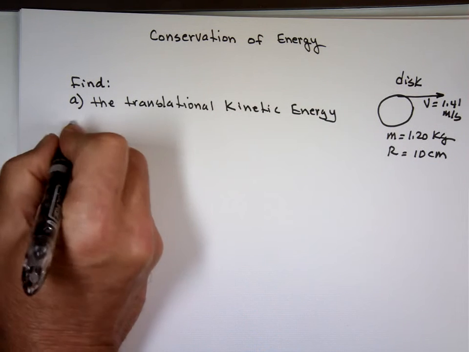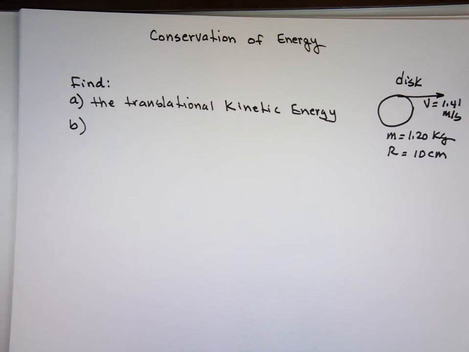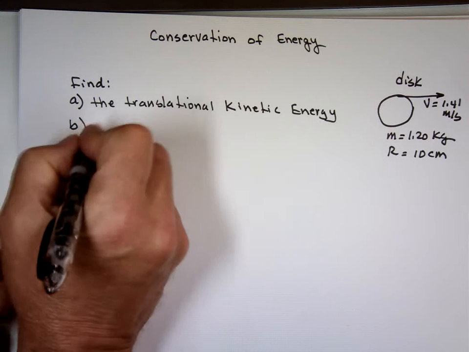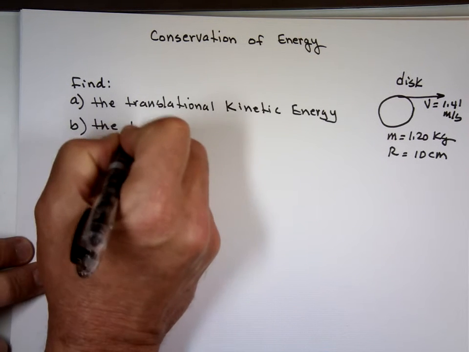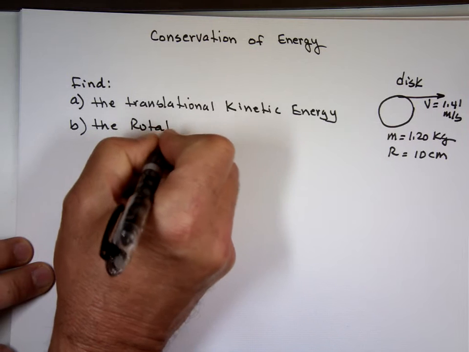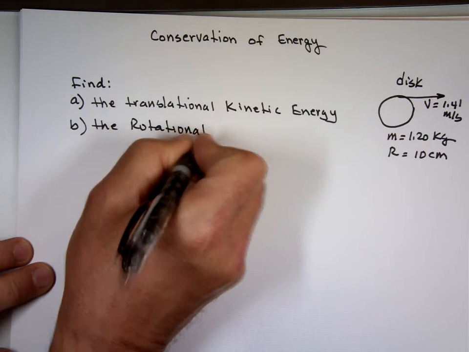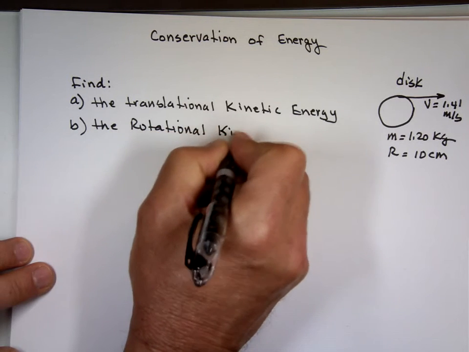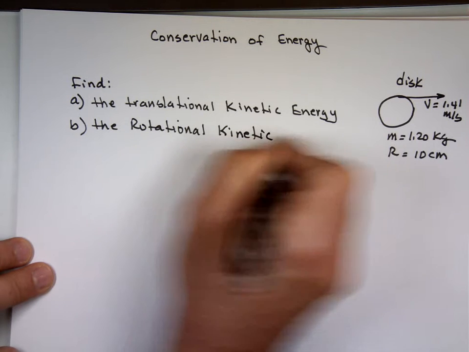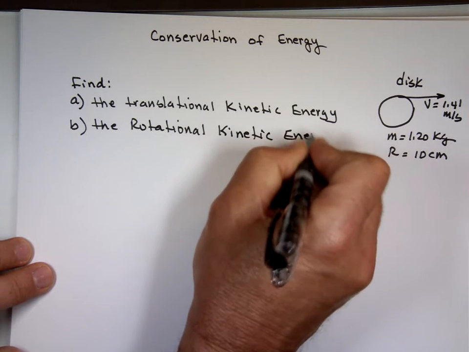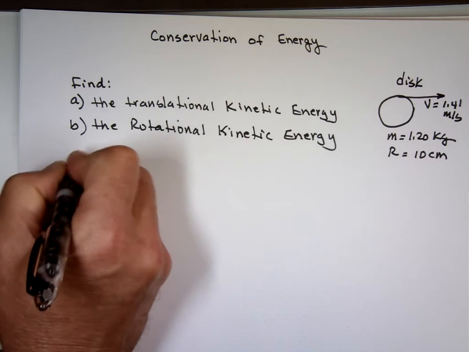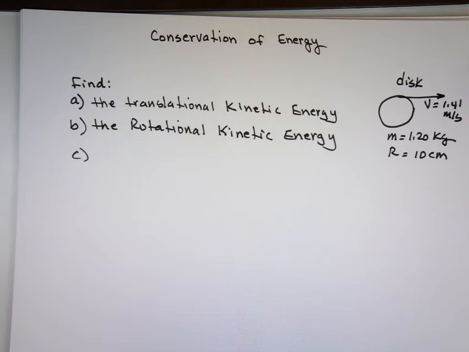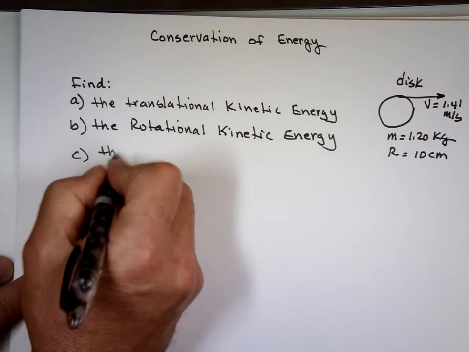Part B: find the rotational kinetic energy. And maybe we'll add part C to it even. What should we ask for part C? Let's find the total kinetic energy.